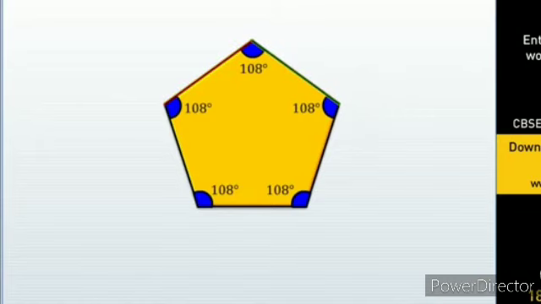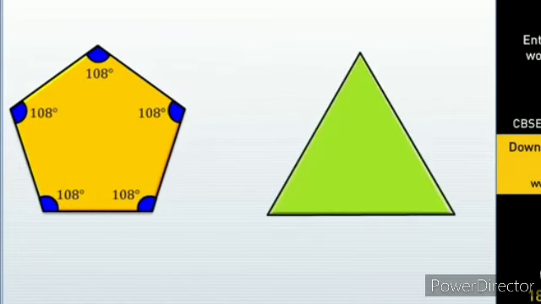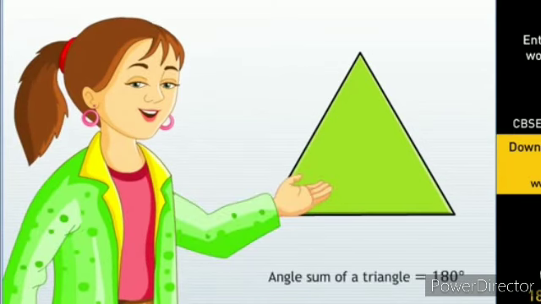This is called the angle sum. To start with, we will find the sum of the interior angle of a triangle. Alice, can you tell us the sum? Yes, it's 180 degrees. Good, Alice.